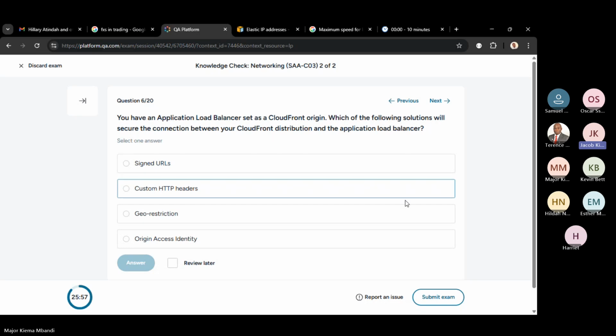The first option is signed URLs. Second option is custom HTTP headers. Option 3 is geo restriction. Fourth option is origin access identity. For me, I think HTTPS. Okay, so she's choosing custom HTTP headers.